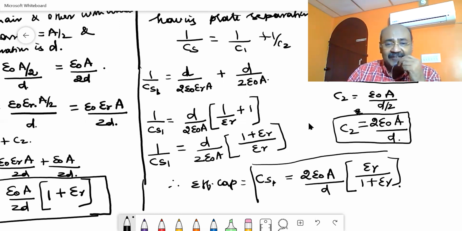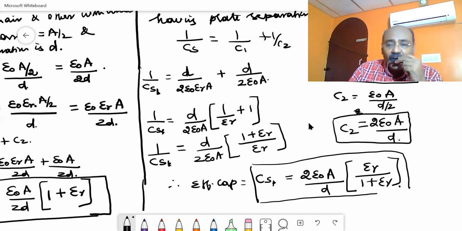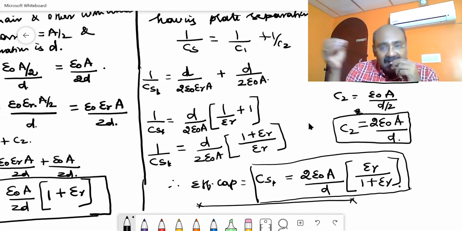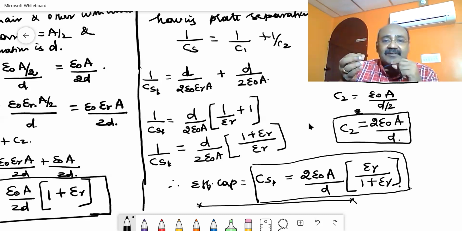With this, the problems in your exercise are also over. Similarly, hope you have understood this. You follow the procedure that I have done, by copying it in your notebook. First of all, do it by copying.